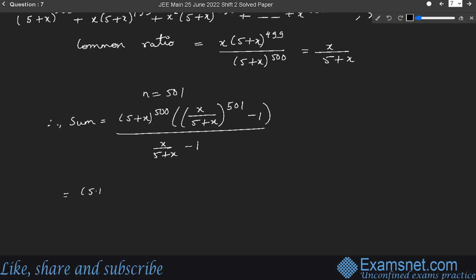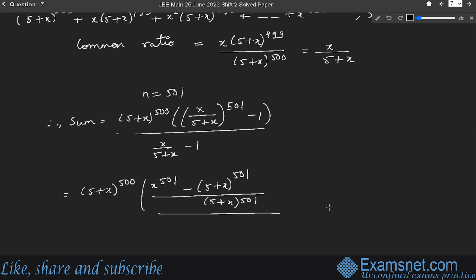So it will be equal to (5 plus x) whole power 500 into (x power 501 minus (5 plus x) power 501) divided by (5 plus x) power 501, and whole divided by (x minus 5 minus x) divided by (5 plus x).